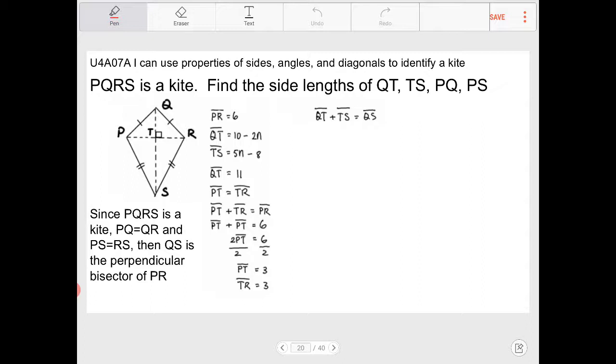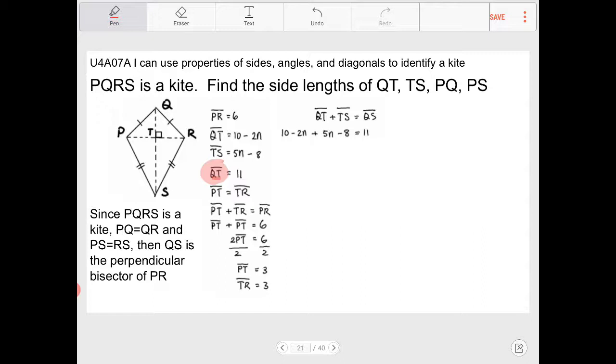I'm told that 10 minus 2n plus 5n minus 8 will equal 11. So I actually made a mistake here. This should say QS, not QT. My apologies. So those segments, QT plus TS, is equal to QS.